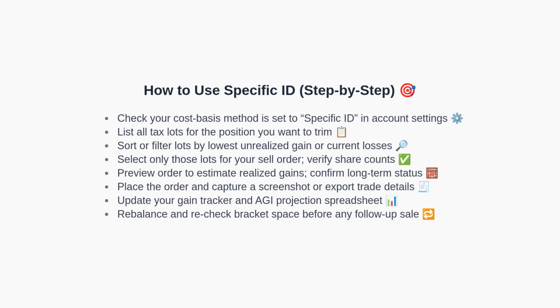Preview the order to estimate realized gains and confirm the holding period. Place the order and record documentation, such as a screenshot or exported trade details. Update your realized gains tracker and your AGI projection. Finally, rebalance and verify that you remain in your desired tax bracket before placing any additional orders.